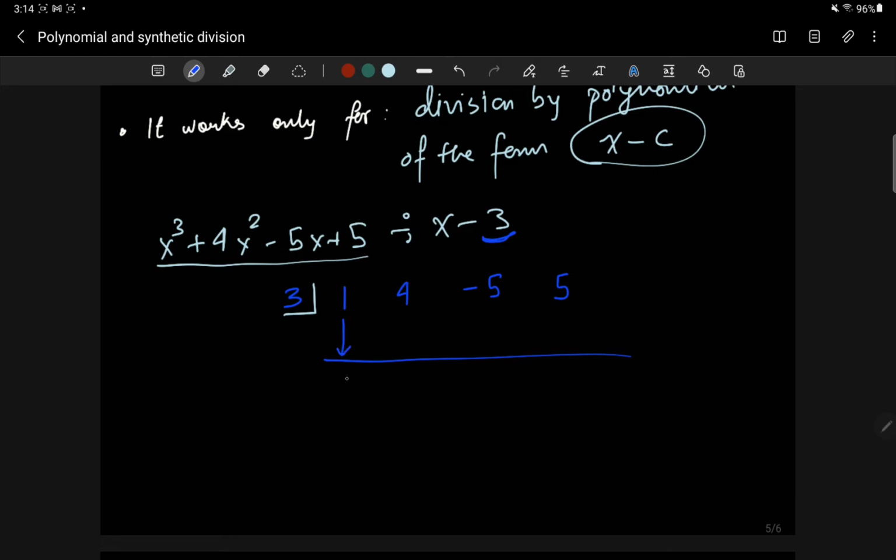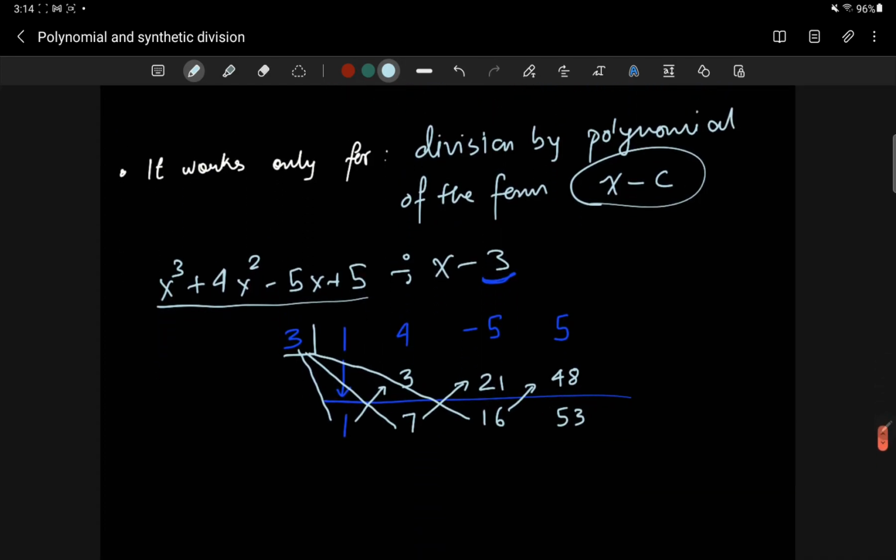I copy this number down as it is. Then I multiply these, and the result goes here. So that is 3. And then I add them up. That's 7. Then I do the same, and I copy this here. 3 times 7 is 21. And I add these up. That is 16. And then 3 times 16 is 48. And I add them up, and that is 53. And I box that out.